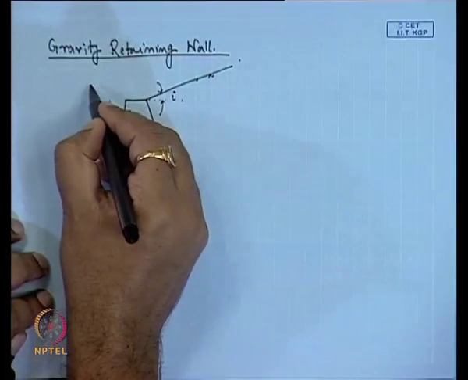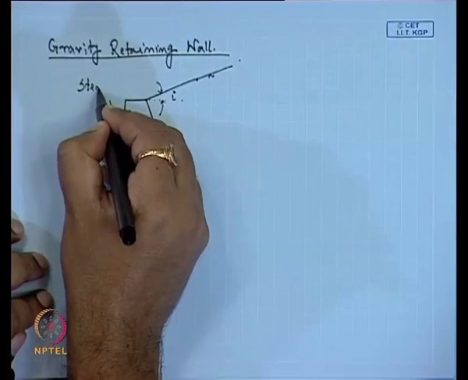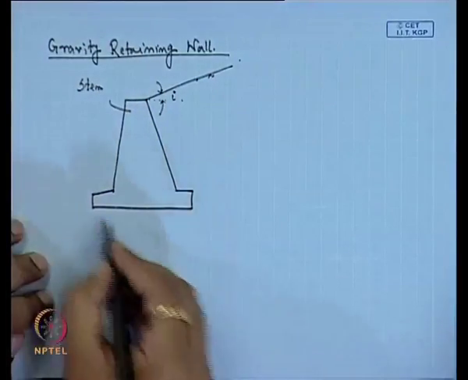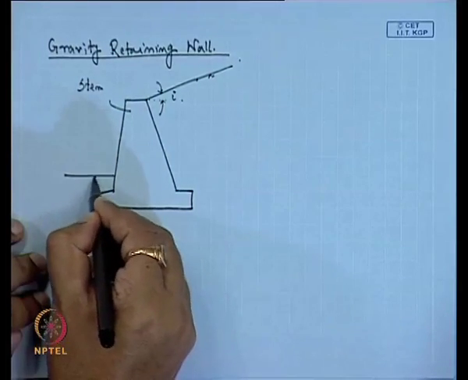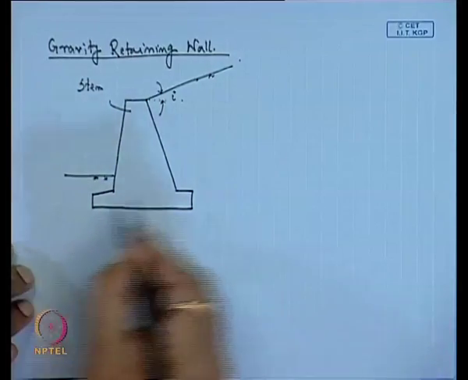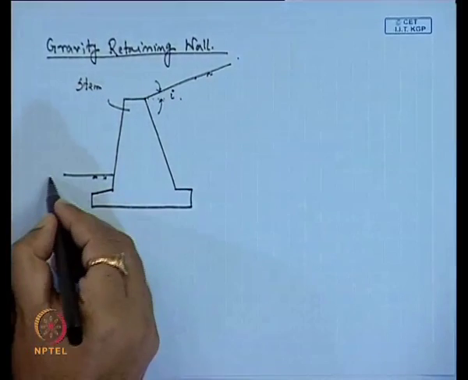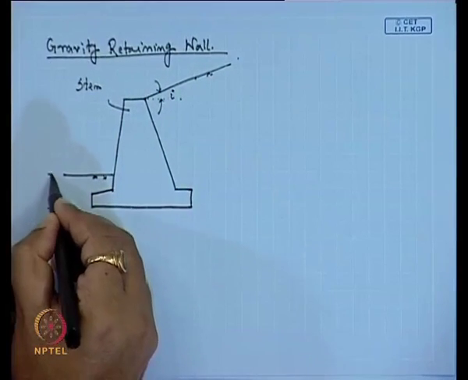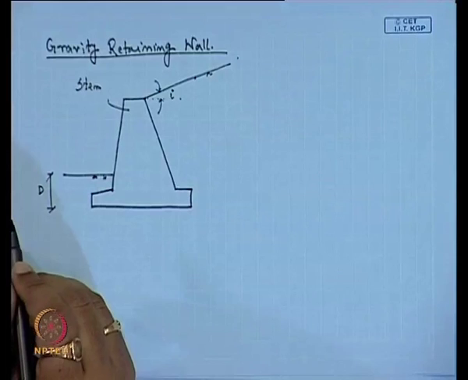This is our vertical stem. Now, suppose this is the existing soil and this is the backfill. This is the depth of the retaining wall, D.